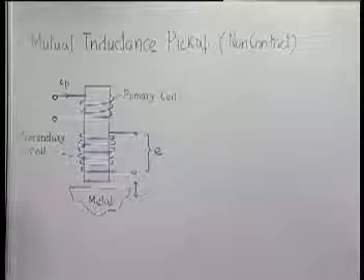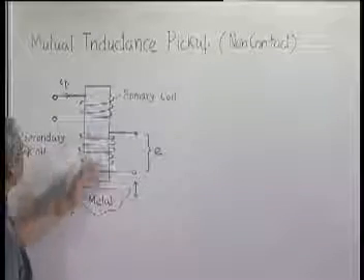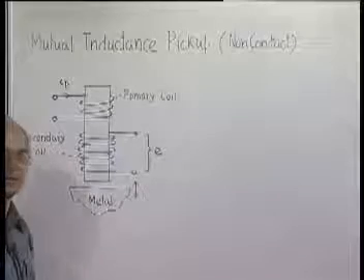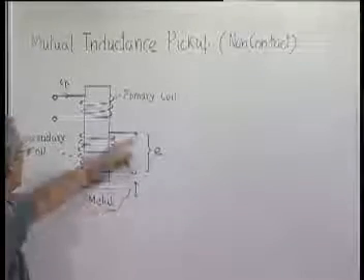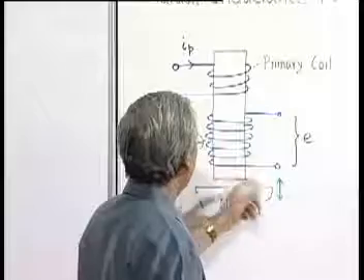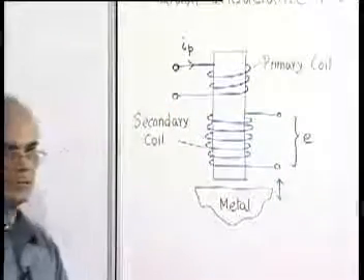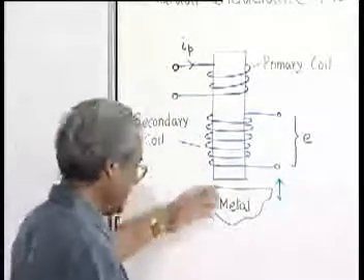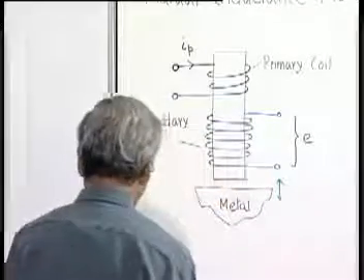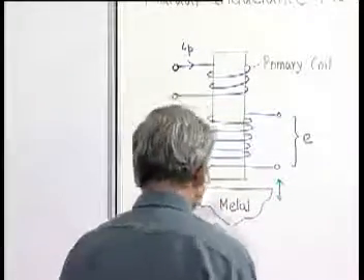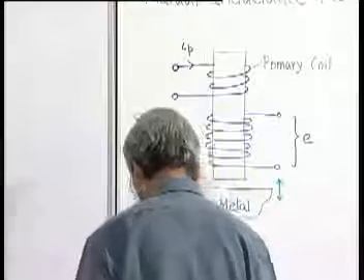Now, if by any chance we can change the mutual inductance, we can generate a voltage in the secondary one. Let the mutual inductance between the primary and secondary coils be Lm.